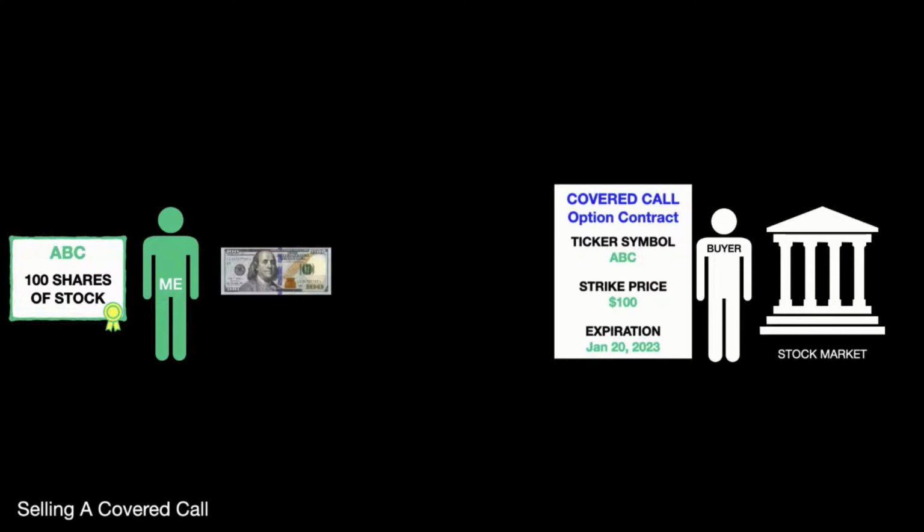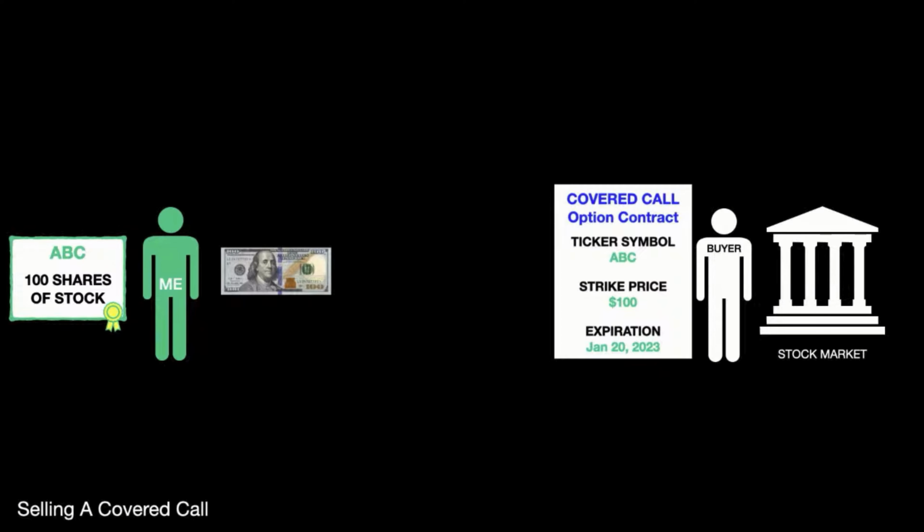Okay, so now they can exercise the option contract. They have the power or the right, not necessarily the obligation, to purchase the shares that I've sold as part of this covered call option contract. They have the right to execute the option contract at the strike price, the $100 per share, on or before the expiration date, so January 20th of 23.